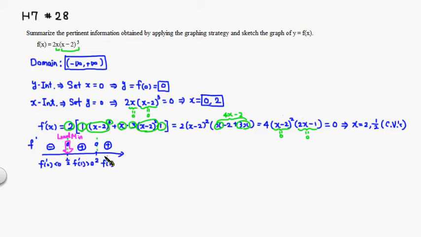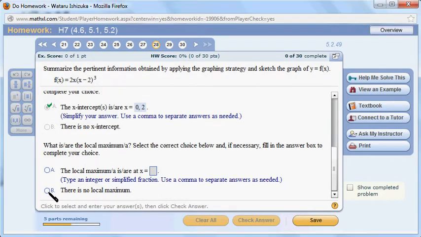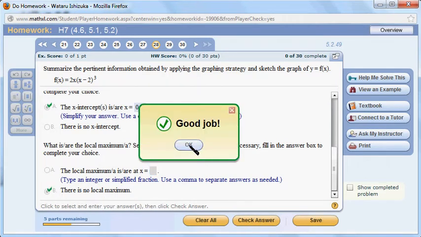Here, the sign doesn't change, positive to positive, so this guy is neither. So it looks like there's no local maximum. So let's type that in. All right, so there's no local maximum, so click on that, check the answer. All right, we got that.